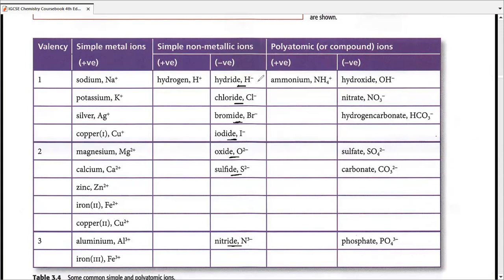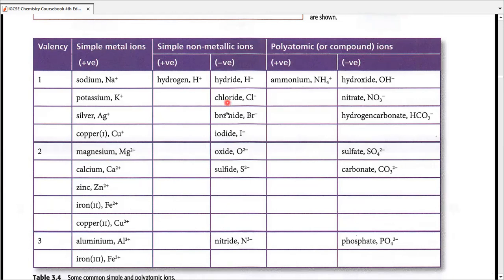So you can see we have changed the name of every single non-metallic ion in there with IDE. Whatever the name was, be it oxygen or nitrogen, be it sulfur or bromine, it is always ending in IDE. Make sense?